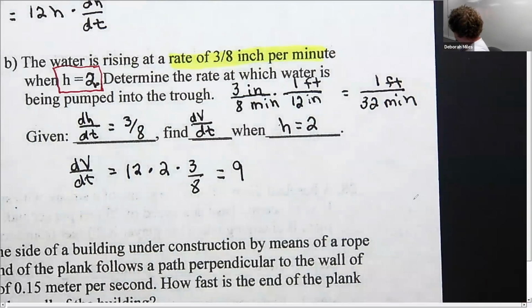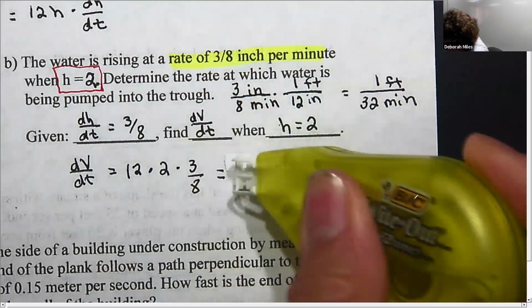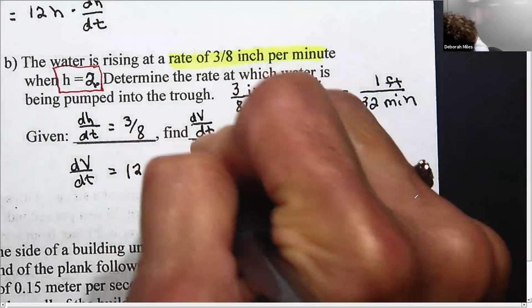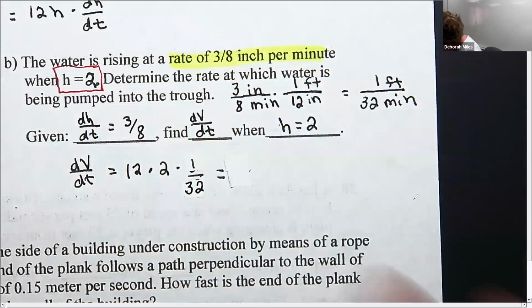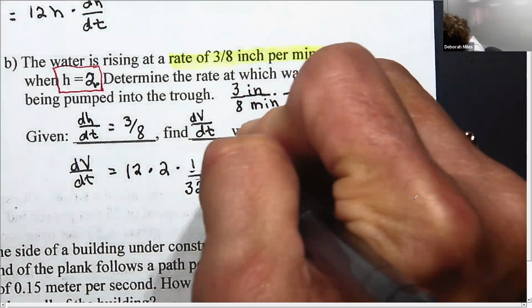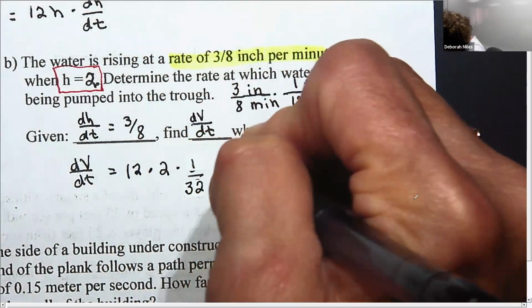I should have put 1/32 into that equation instead of 3/8. Well, that's 24 over 32, which is 3/8 divided by 4. No, I'm dividing by 8. 3/4. 3/4.